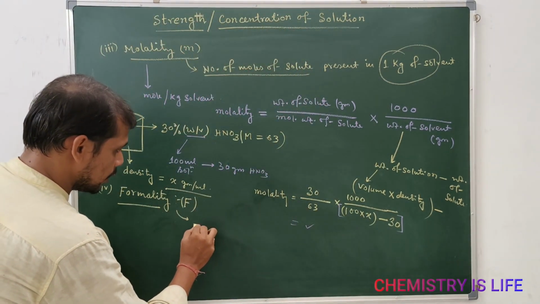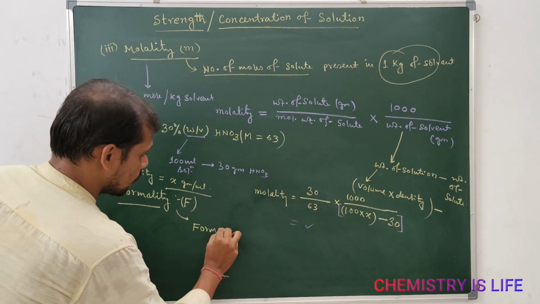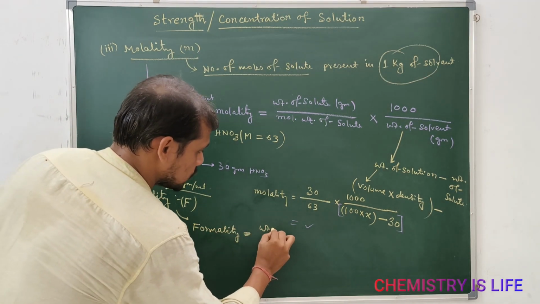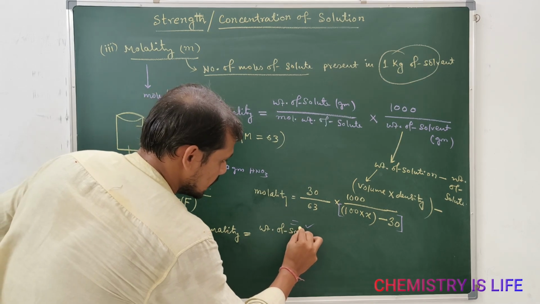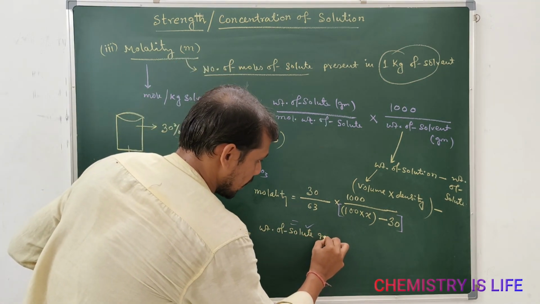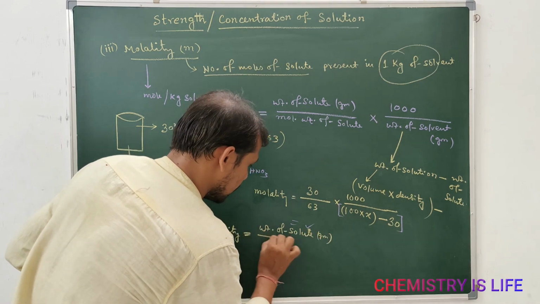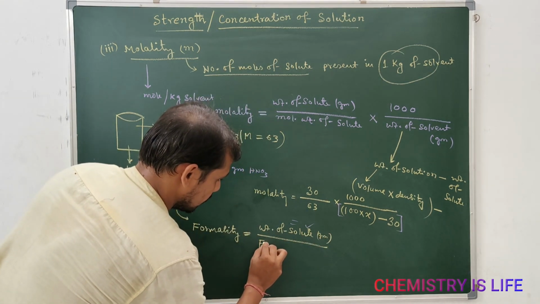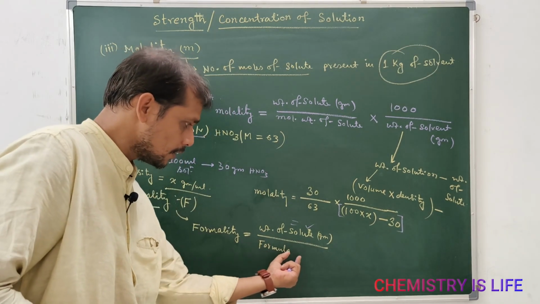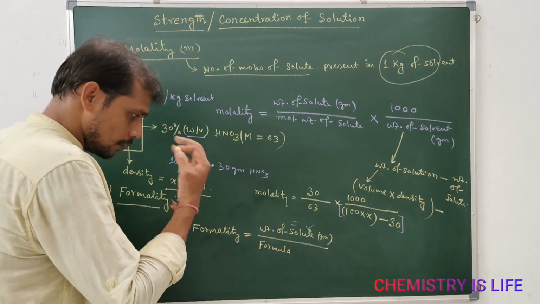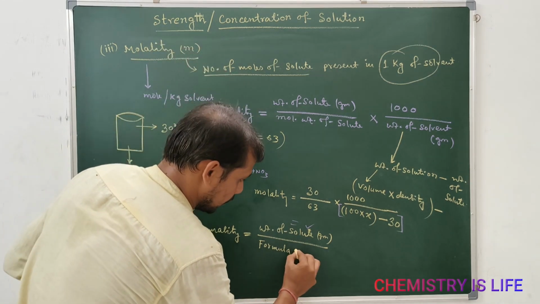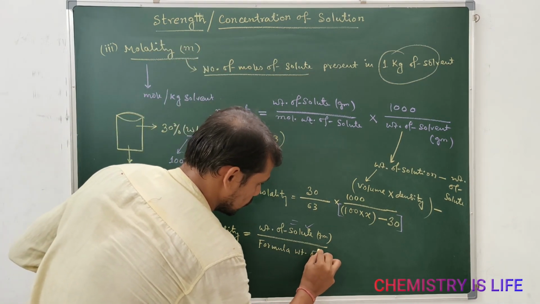So how will we calculate formality? Formality equals weight of solute in gram divided by formula weight, similar to molarity. In molarity, we take molecular weight. In formality, it will be taken as formula weight of solute.